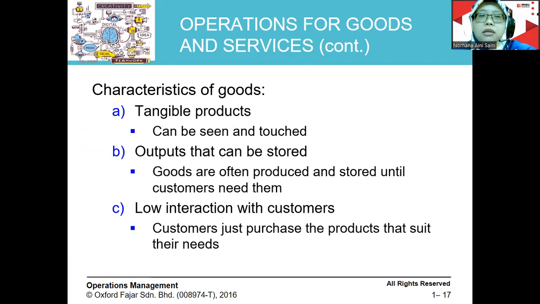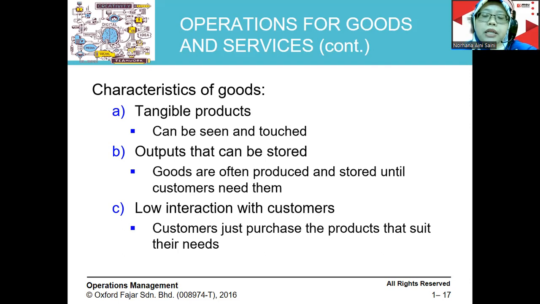What else? We have the product itself at the supermarket. As long as that product exists, we consider it a tangible product. So next, the characteristics of goods.